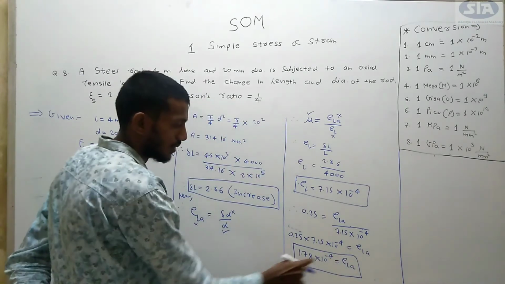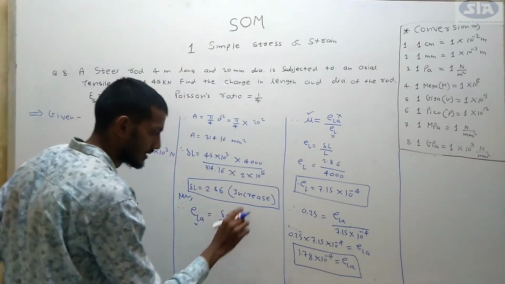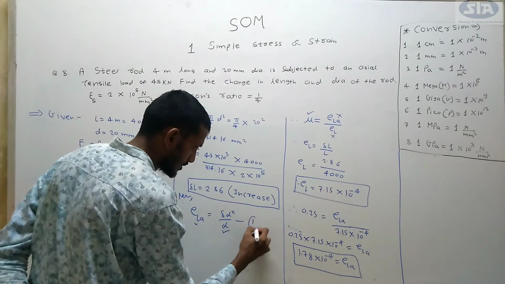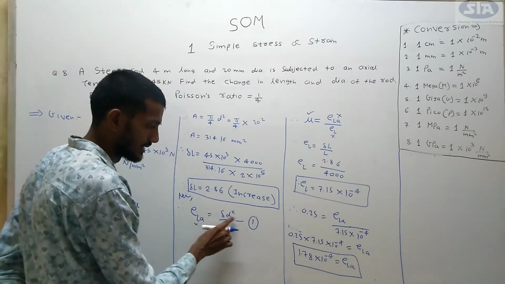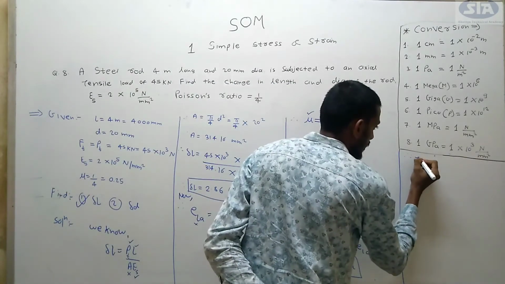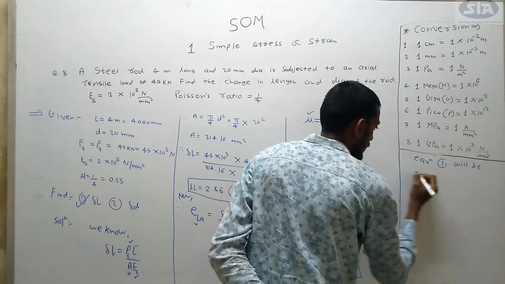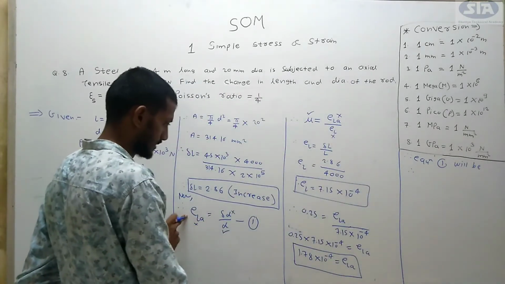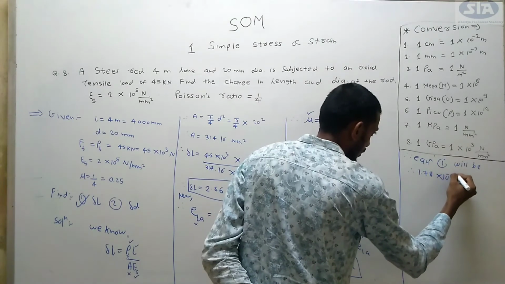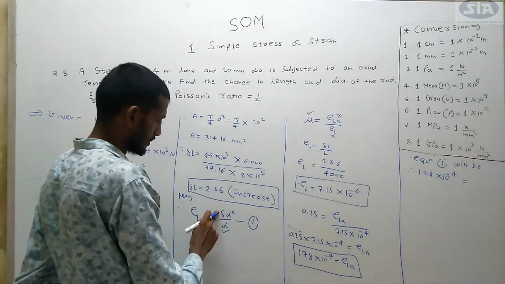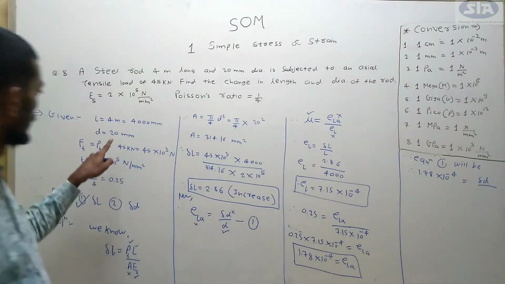Okay. Once we get lateral strain, now this value we put in this equation, let us consider equation number 1. Once we put this in equation number 1, we will get change in diameter. Therefore, equation 1 will be, put the value of lateral strain, which is 1.78 into 10 raised to minus 4 is equal to change in diameter, as it is, this is our ultimate aim, upon original diameter, which is given as 20.